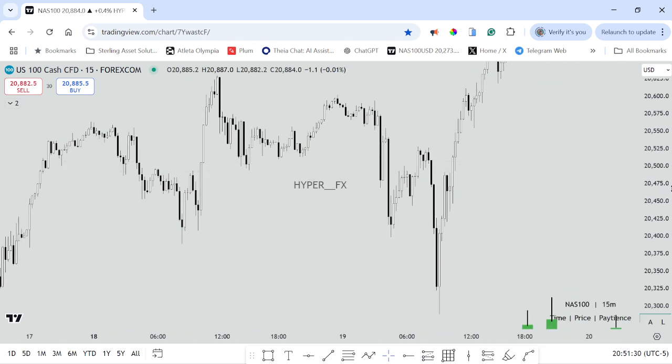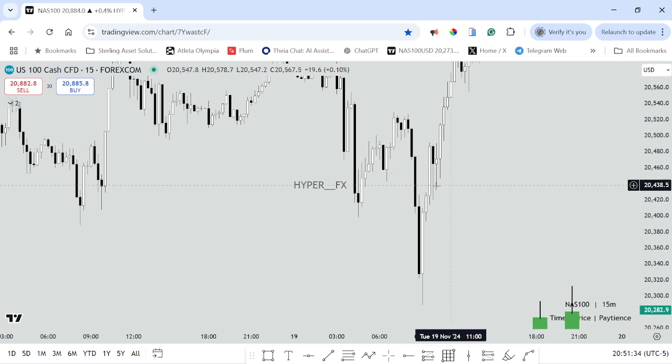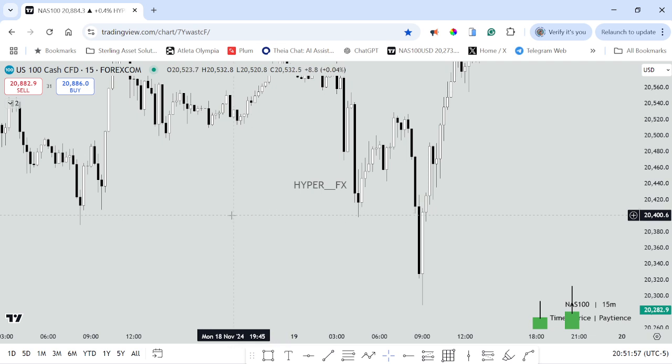Okay, so I think we should work with this one right here. So this is Tuesday, the 19th of November 2024, and this is 8:45 a.m. to 9 o'clock a.m. Of course, this is a 15 minutes time frame, so that is what we are looking at right now.